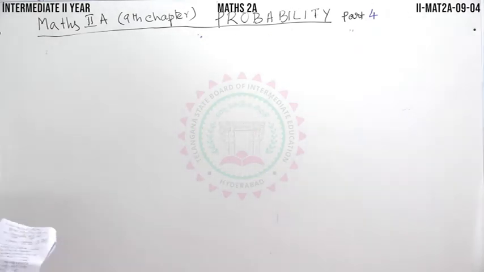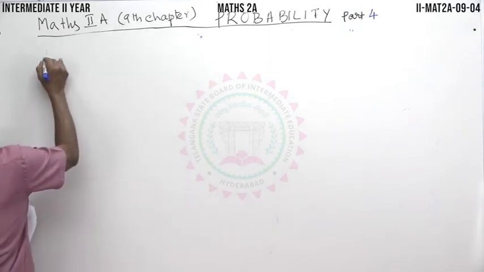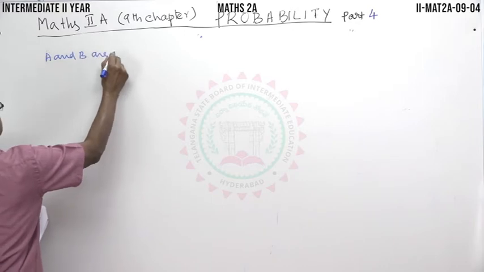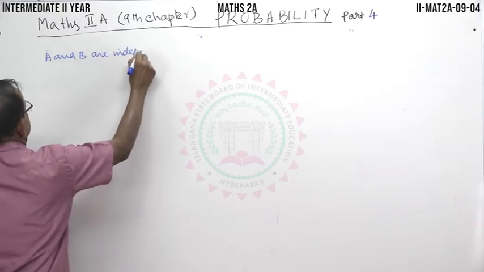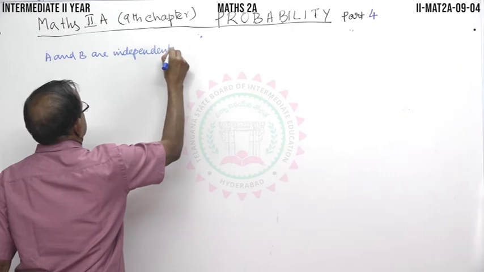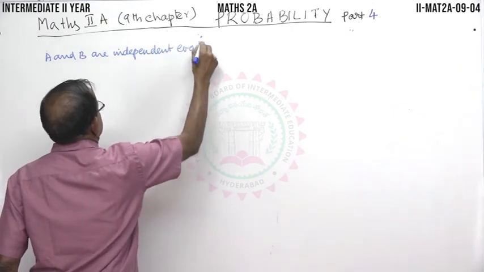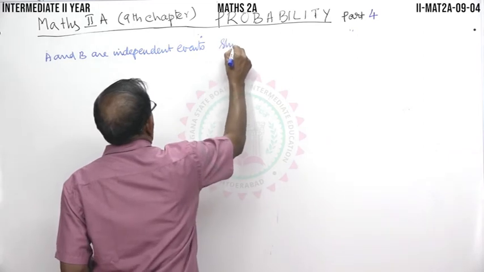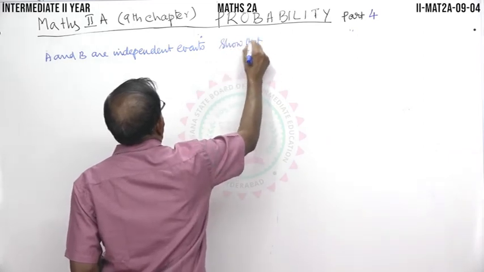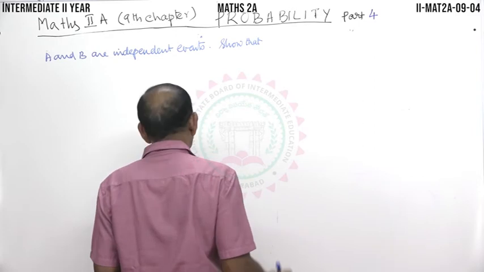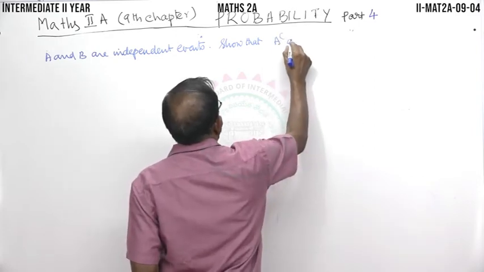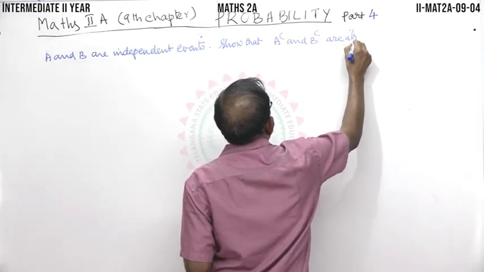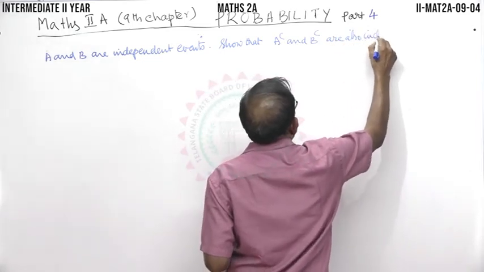A and B are independent events. Show that A complement and B complement are also independent.